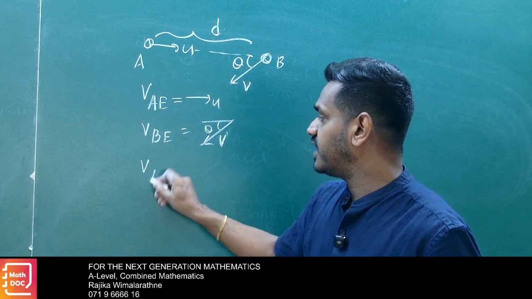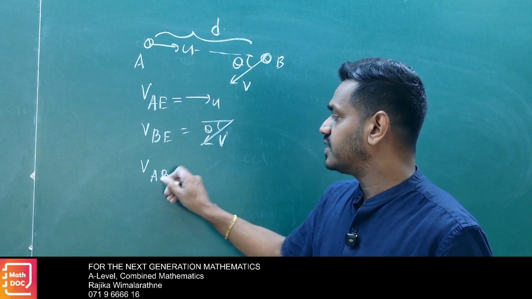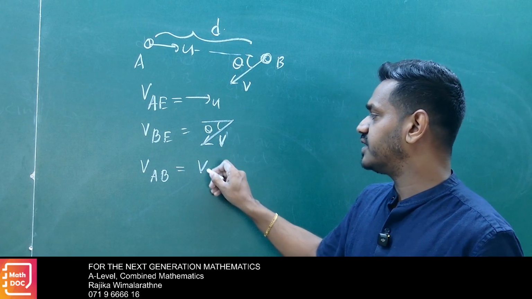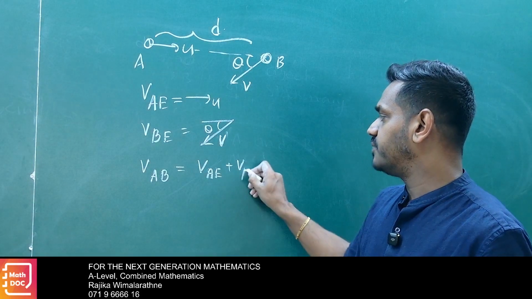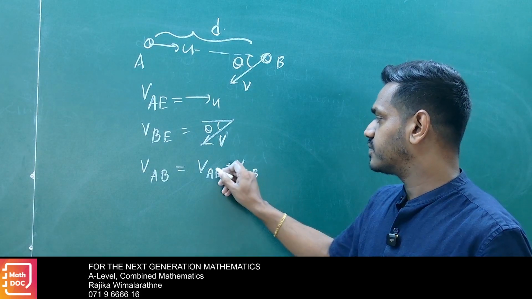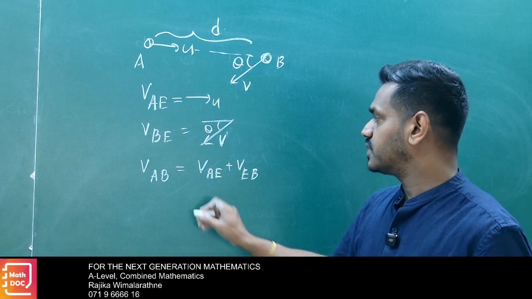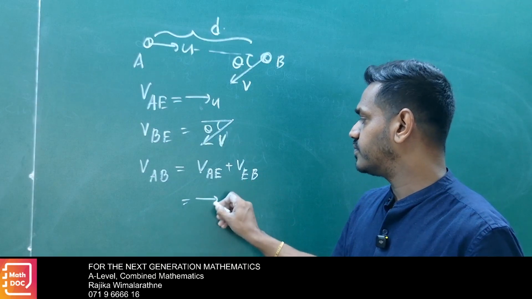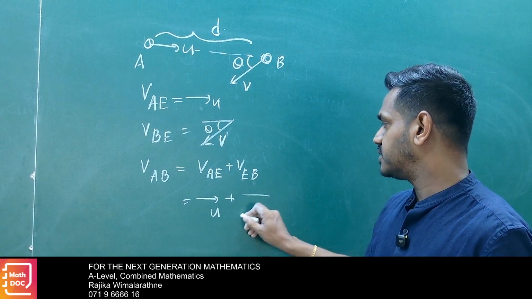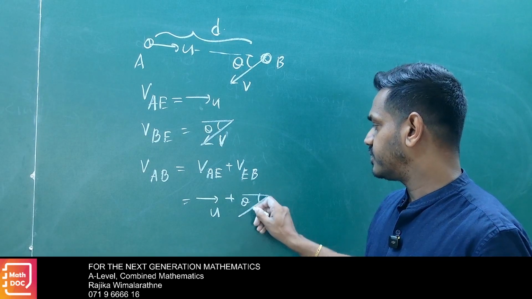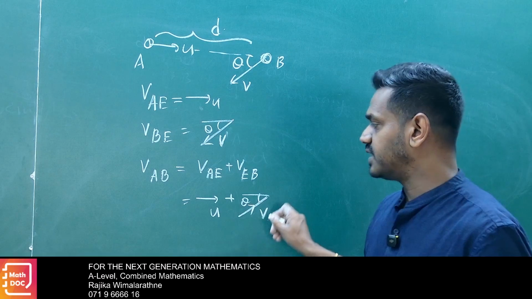Then velocity of A with respect to B: stop B, then write the relative velocity theorem. A E is u, E B is in the opposite direction, v.